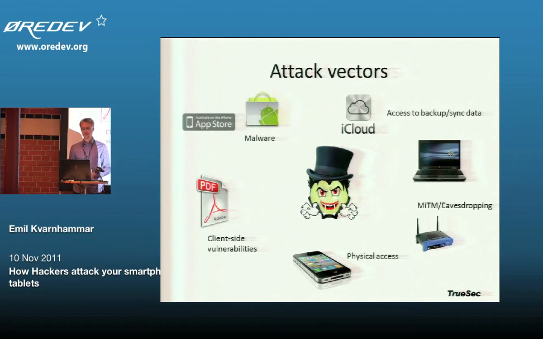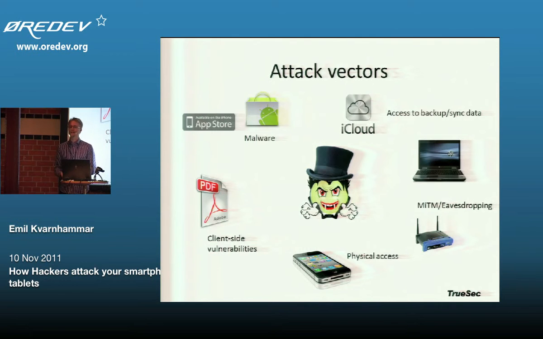To begin with, I'd like to explain the different kinds of attack vectors that are applicable for a mobile device. So if this is the evil guy in the middle with his nice black hat, it was the nicest hat I could find. If he would like to attack you as a mobile user, he can see it from many different angles.